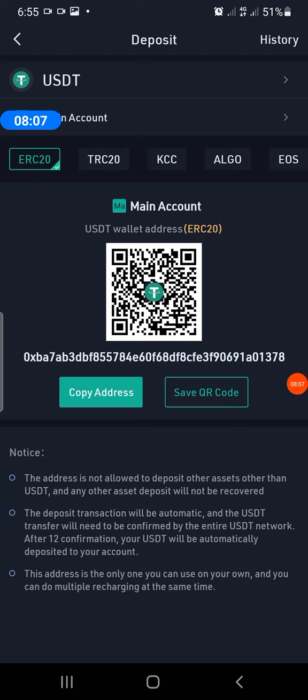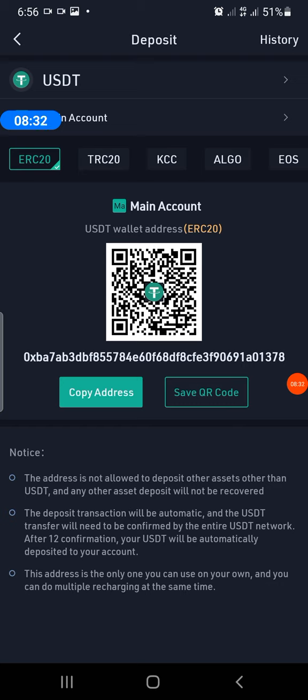Like Ethereum, if you want to deposit Ethereum-based USDT, it is around $25. If you want to deposit TRC20, it is around $1. KCC is around $1 or less. Argo is around $1, I think so. So different forms of blockchain.